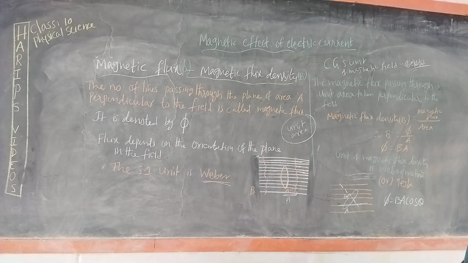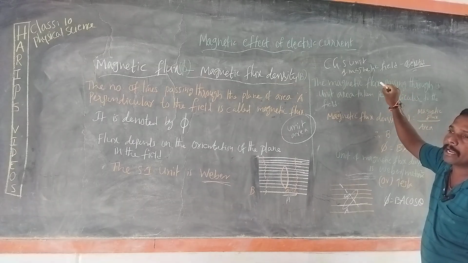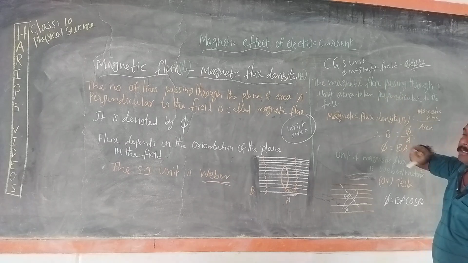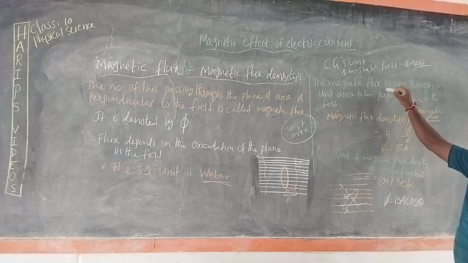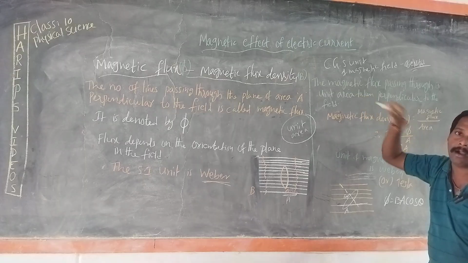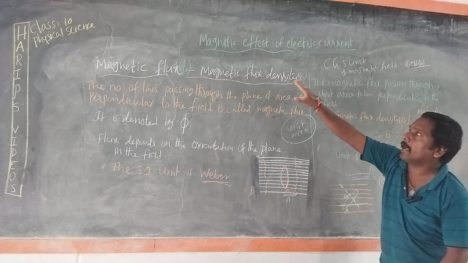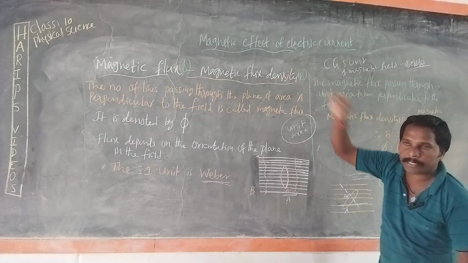So magnetic flux density is the number of magnetic field lines passing through unit area, taken perpendicular to the field.